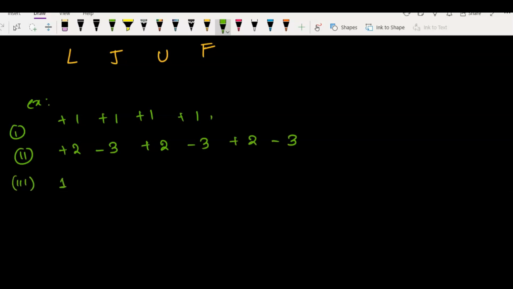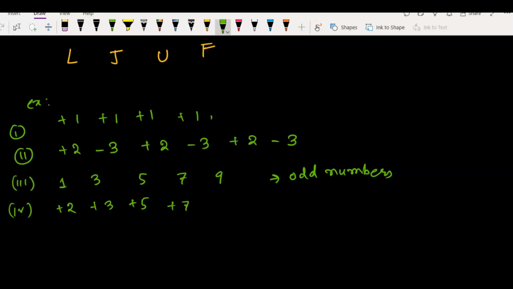Then if we have 1, 3, 5, 7, 9, etc., this is a sequence of odd numbers. This is also a logical sequence. Then we may have plus 2, plus 3, plus 5, plus 7. These are the prime numbers. So this is also a logical sequence.